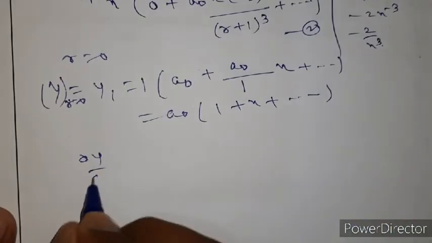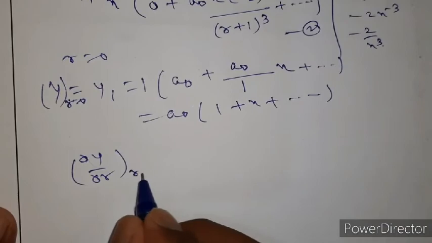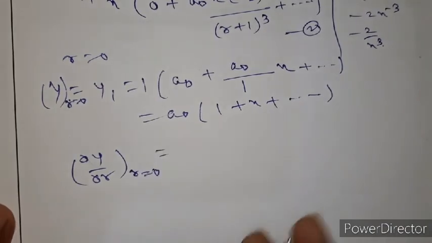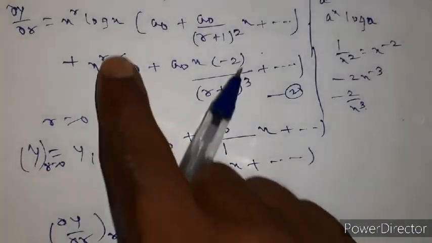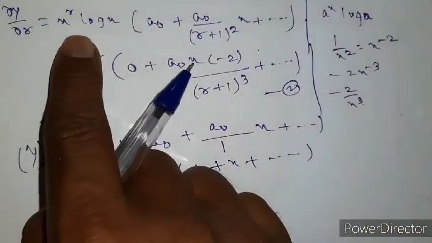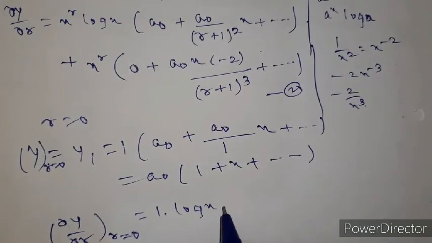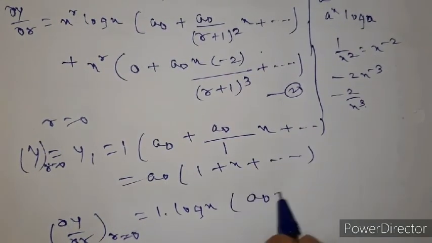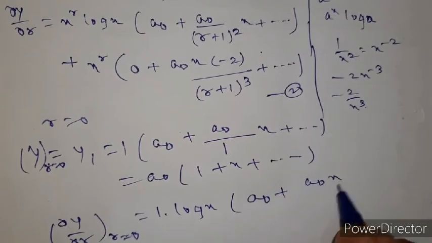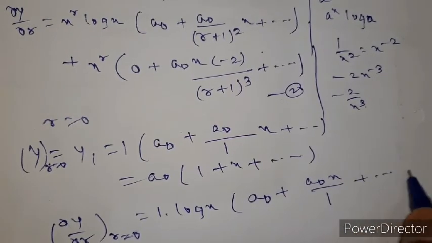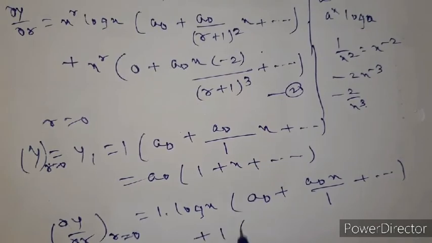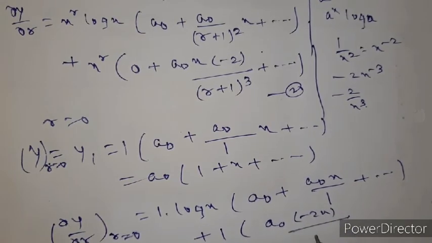Now dou y by dou r at r equal to 0 is equal to, here we have found it, put here r equal to 0, x raised to r that is 1 into log x as it is, in bracket a0 plus a0 x upon 1 plus dot dot dot, plus x raised to r is 1, then the first term is 0, no need to write, a0 into minus 2x upon (0 plus 1) cube, again 1, plus dot dot dot.